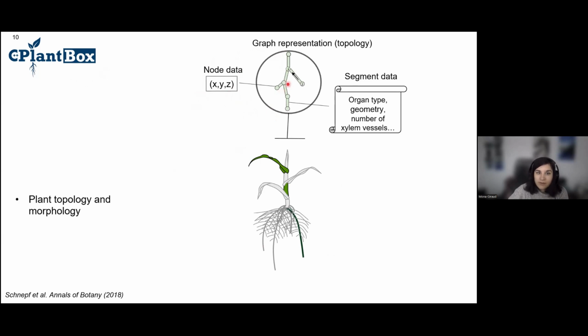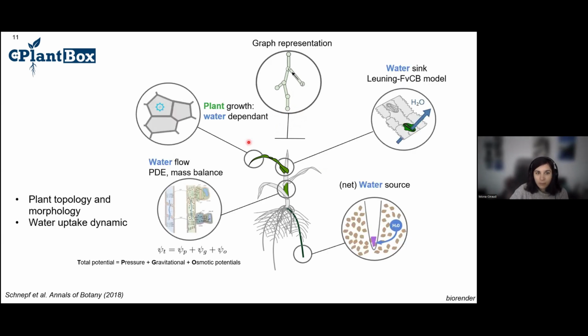And those points are linked by segments. And so this gives us the topology. And the segments store a set of data that give us information about the morphology of a plant, for instance, the radius of specific segments, the number of xylem vessels, and also the information related to the plant functions.